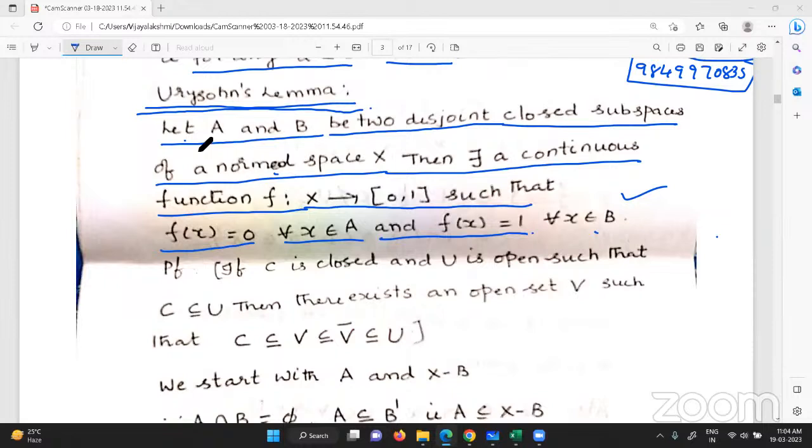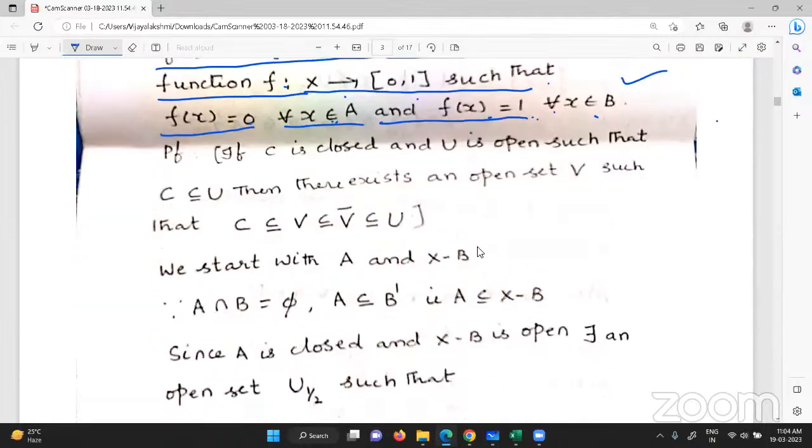Urysohn's lemma states that if A and B are two disjoint closed subsets of a normal space X, then there exists a continuous function f from X to [0, 1] such that f(x) is 0 for every x in A and f(x) is 1 for every x in B. So what are the concepts we are going to use?